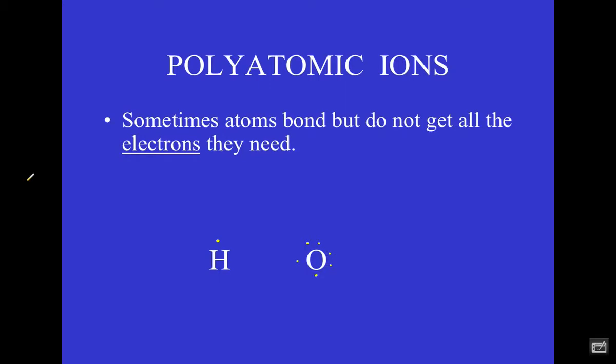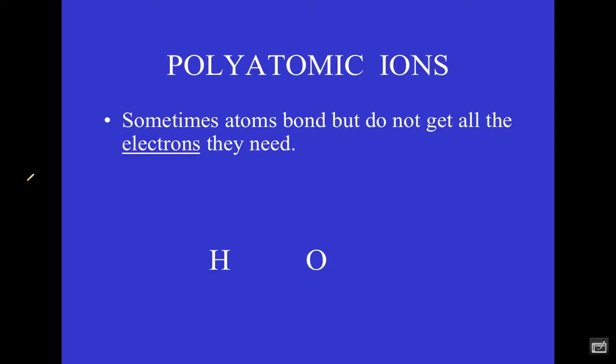Remember, since they are covalent, they want to share. So I'm going to get a sharing of these electrons, and that makes my hydrogen stable, but my oxygen needs another electron in order to be stable.